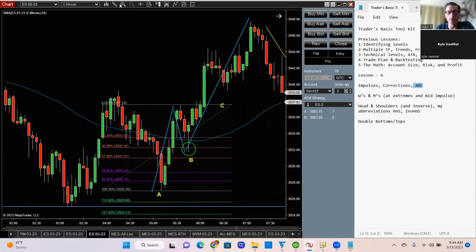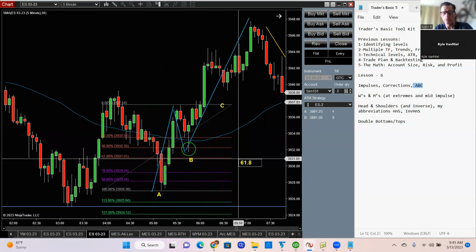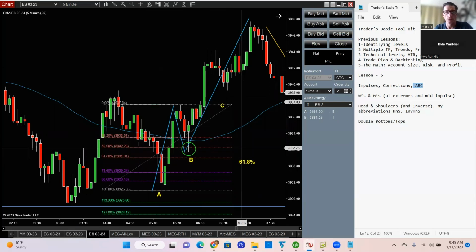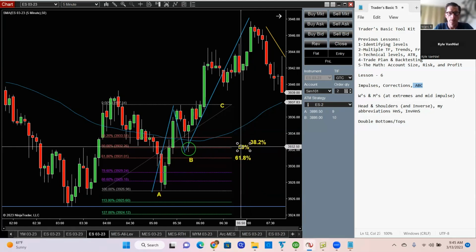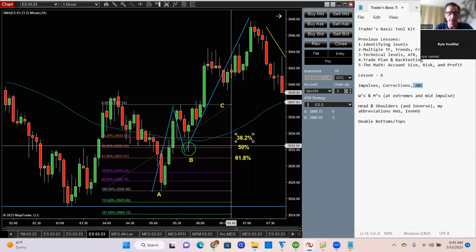These red lines right here, if you can't see them, are fib levels. This one right here is 61.8%, this is 50%, and this is 38.2%. That's what those red lines are.